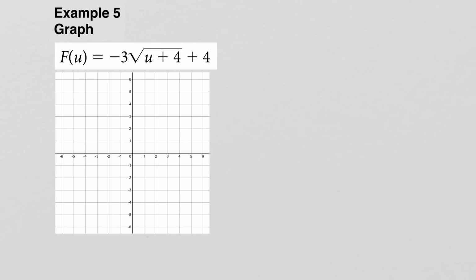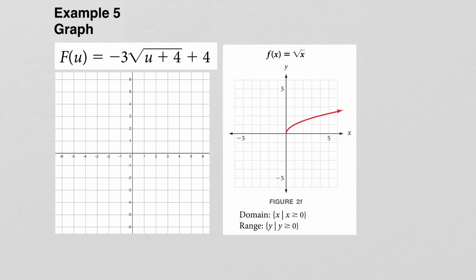So let's consider this one. We have negative 3 times the square root of (x + 4), and then plus another 4. So let's bring in the basic associated graph. So we are talking about the square root graph, which has this basic shape here. Let's think about all the things that are happening. This graph is getting shifted to the left 4 units.